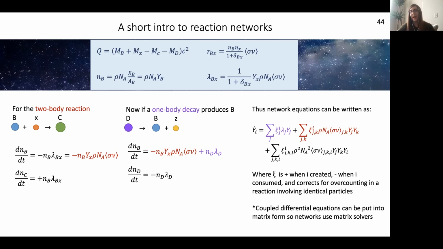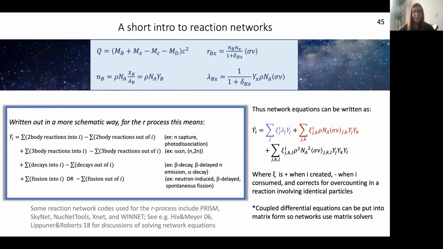And you're also going to have terms like this 1 plus delta, which are going to correct for overcounting. So this is that type of term, okay? It's just overcounting. Okay, so these are going to give you a system of coupled differential equations. And as we know, when we have coupled differential equations, we can put them into a matrix form. So networks use matrix solvers.